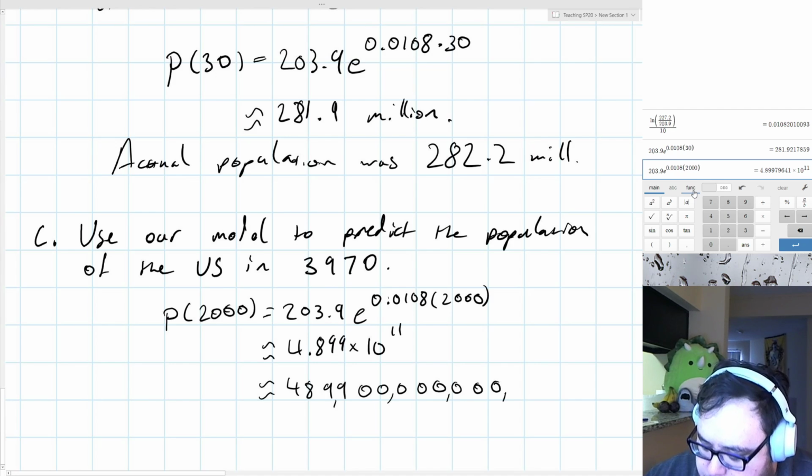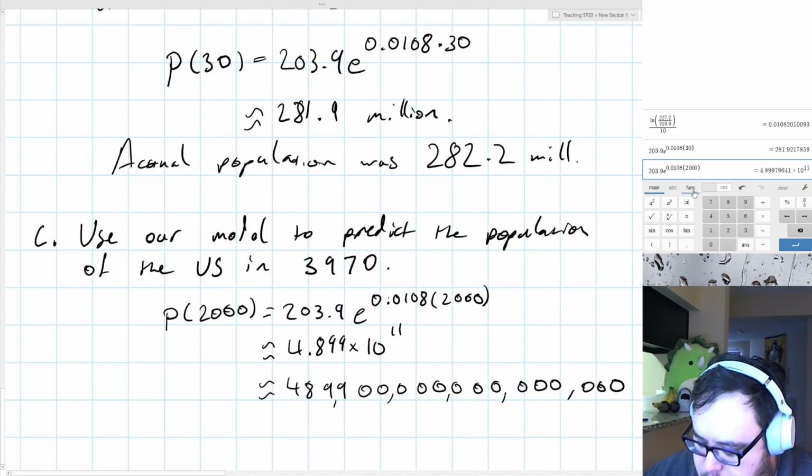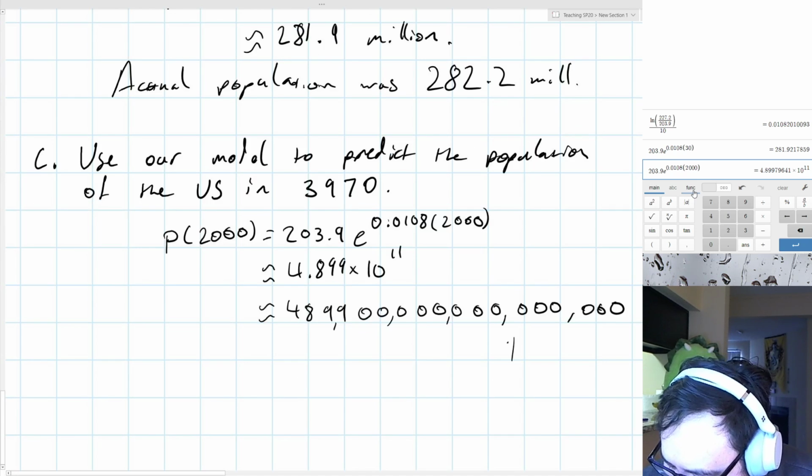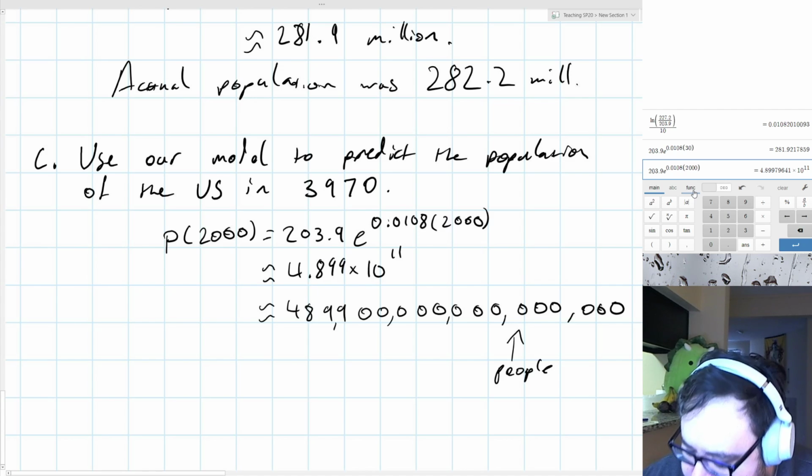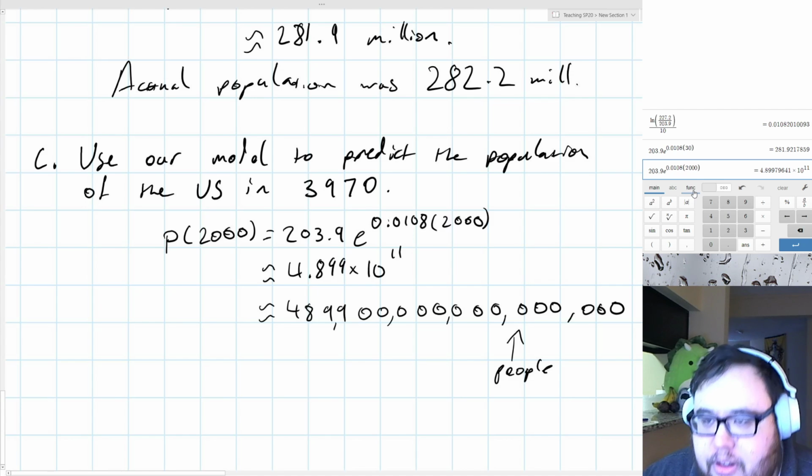So we can throw 6 more zeros on that for the actual number of people. That's people. That's 489, I think, quintillion 900 quadrillion people.